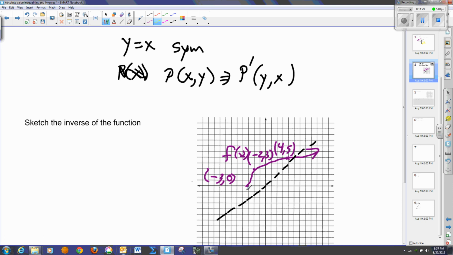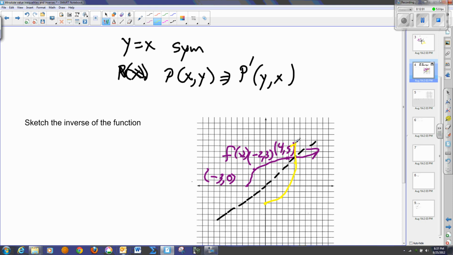So instead of -3, 0, I have 0 and -3. And that's my image point of -3, 0. Instead of -2, 3, I go 3 and -2. And instead of going 4 and 5, I go 5 over and 4 up. Somewhere right around here. And then I connect those dots.